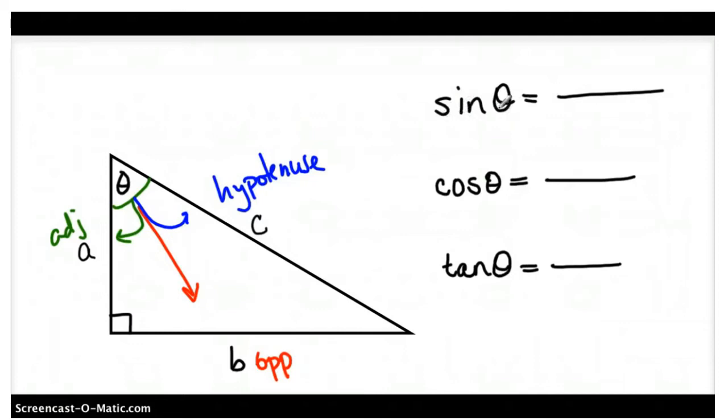I've got sine, that's SOH. My opposite side from theta is B. Actually I shouldn't have written that there, I'm going to erase that because it's just going to confuse us. My opposite side is B, and my hypotenuse is C. Oh goodness, I'm goofing up right and left here.